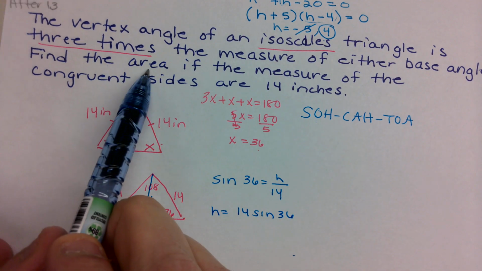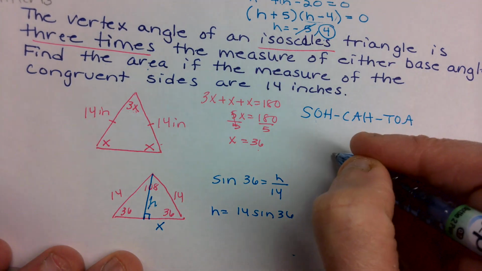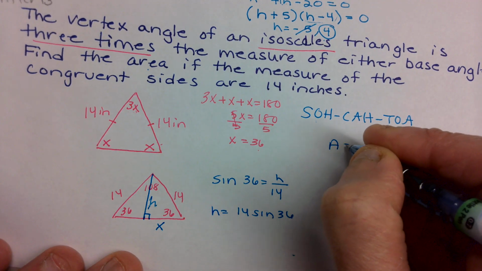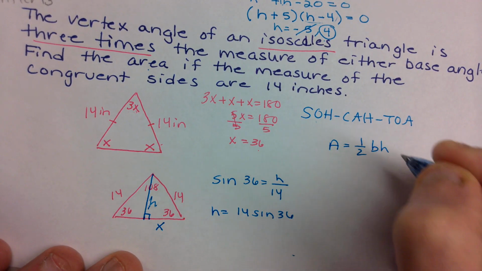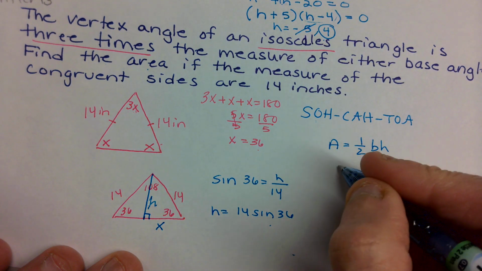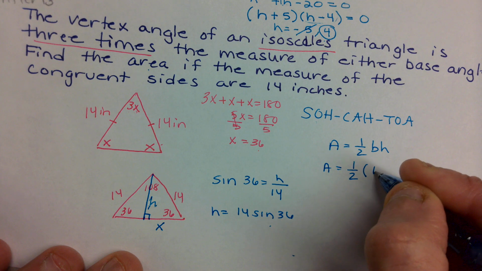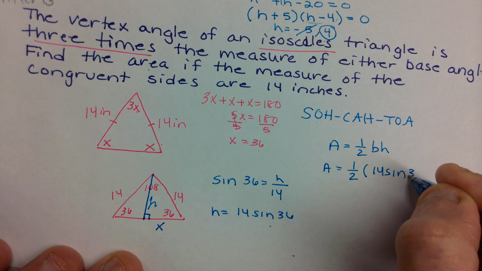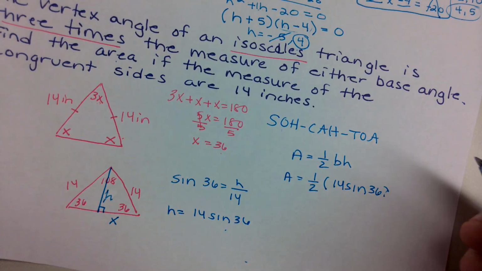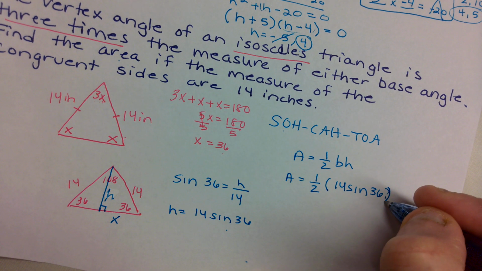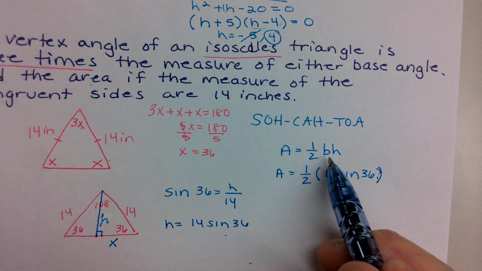What are we doing? Finding the area. So I never started with my formula. Naughty me. All right, we got our height. I'm going to put it here: 14 sine of 36. And now I also need the base.